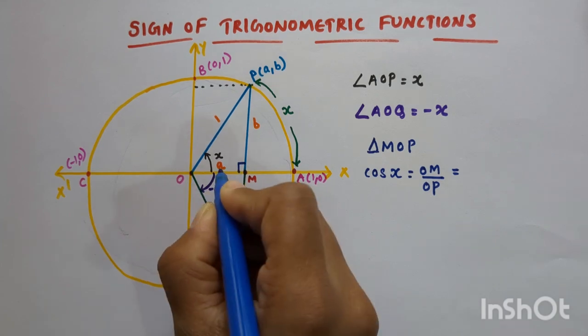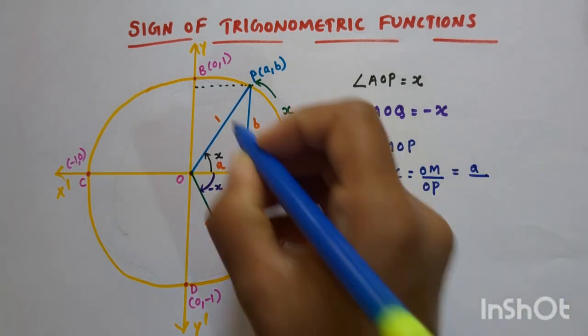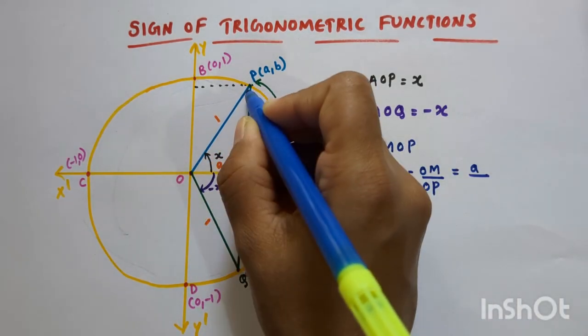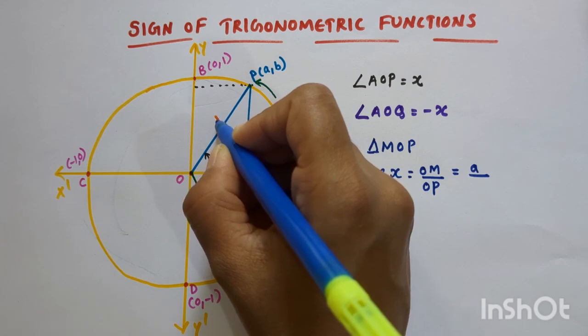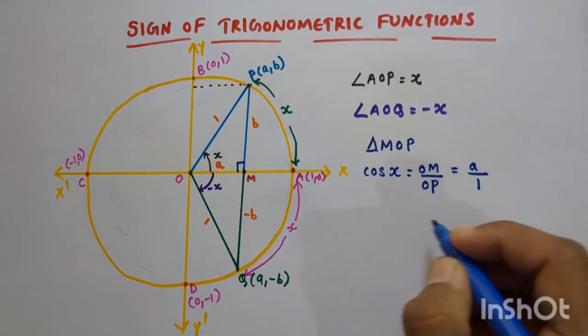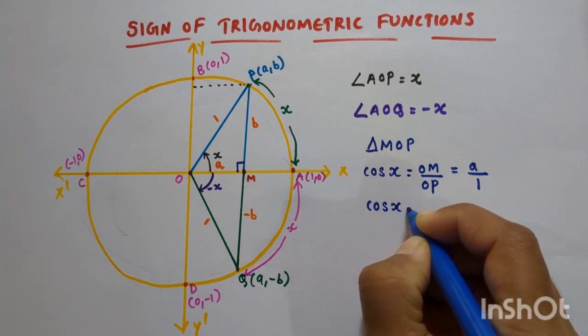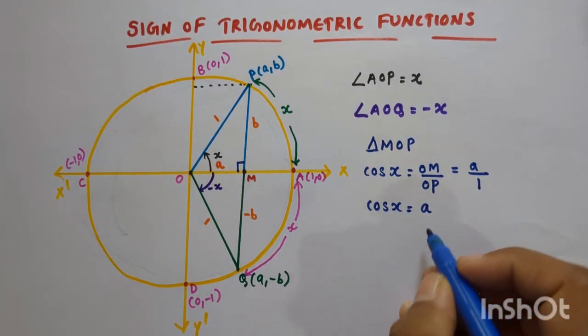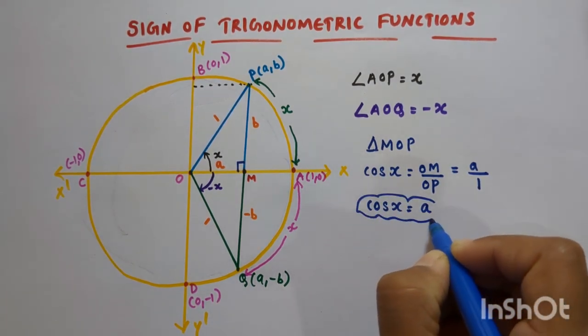OM is equal to A. OP is the radius of the circle, which has a value of 1. So A by 1. From this we can write cos x is equal to A.